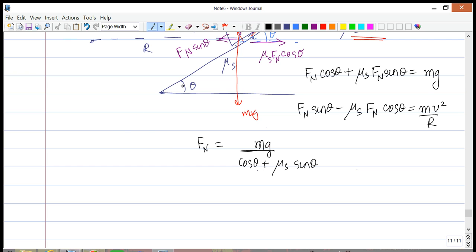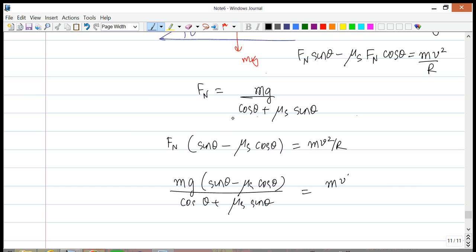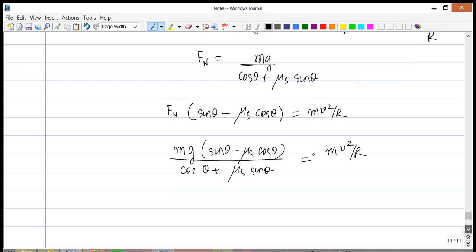The second equation gives Fn times sine theta minus mu s cosine theta equals mv square over r. Now I can substitute for Fn: mg divided by cosine theta plus mu s sine theta, times sine theta minus mu s cosine theta, equals mv squared over r.